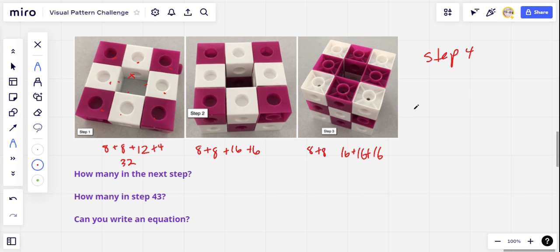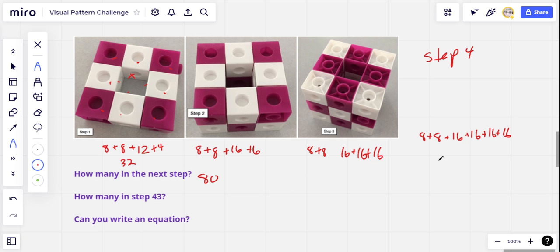So for step 4, I would have the top and the bottom, and I'd have 4 layers of the 16. And remember that 16 is the outside and the inside. Okay, so that should be it, right? So 16 times 4 is 64, and another 16 would be 80. So I think we're going to have 80 units of surface area in step 4.